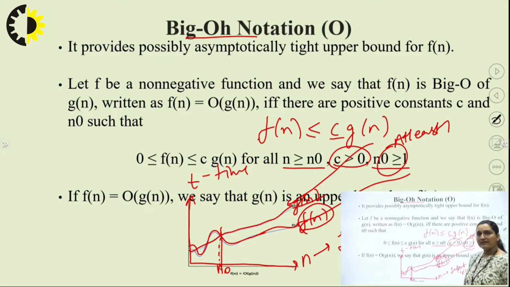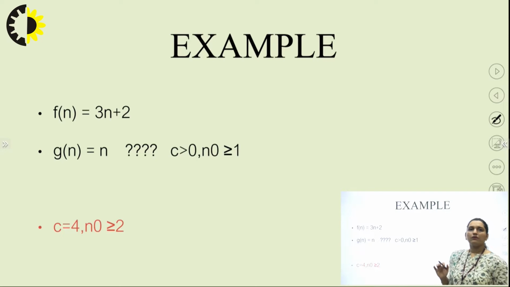At any n naught, the function f of n will always be lower than c g of n.